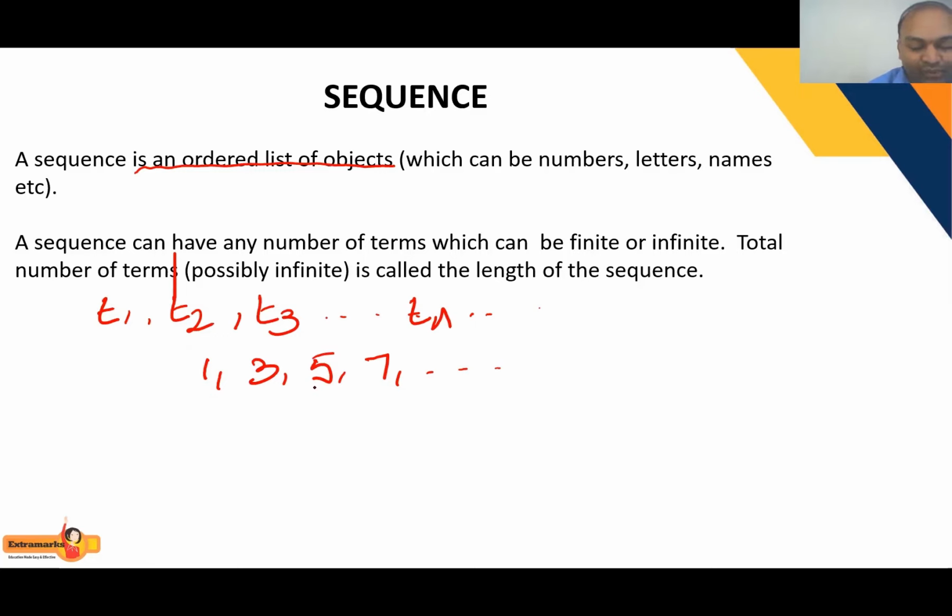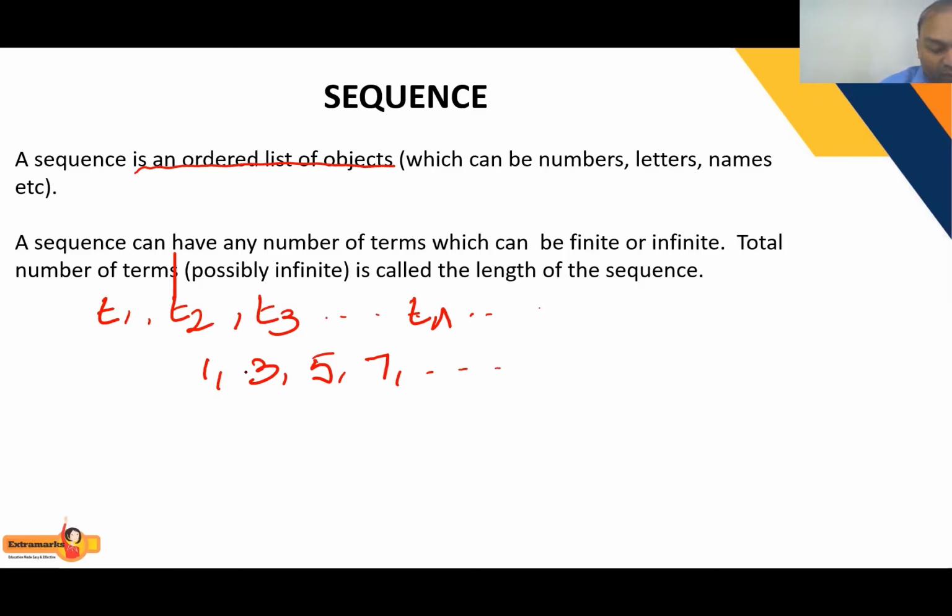In the same way, the third term is equal to the second term plus 2. Right? The fourth term is equal to 5 plus 2, 7. Here, each term of the sequence can be obtained by adding 2 to the preceding term. That is one example of a sequence.